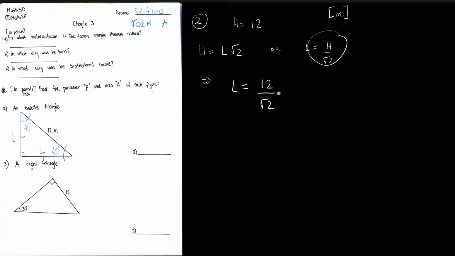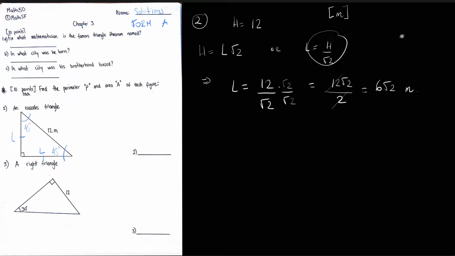But recall that every single answer must be rationalized. So I'm going to rationalize this by multiplying by root 2 top and bottom. Look what we're going to get. We're going to have 12 root 2 over root 2 times root 2, which is 2. If I simplify this, I'm going to get 6 root 2. So my leg should be 6 root 2 meters.